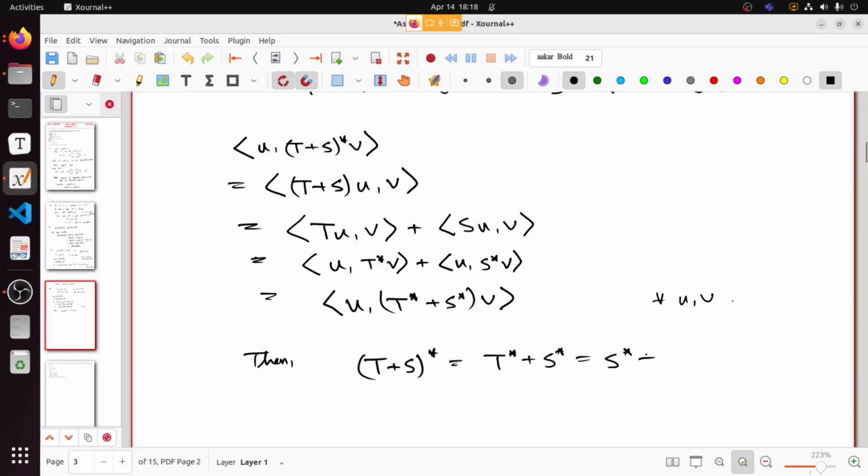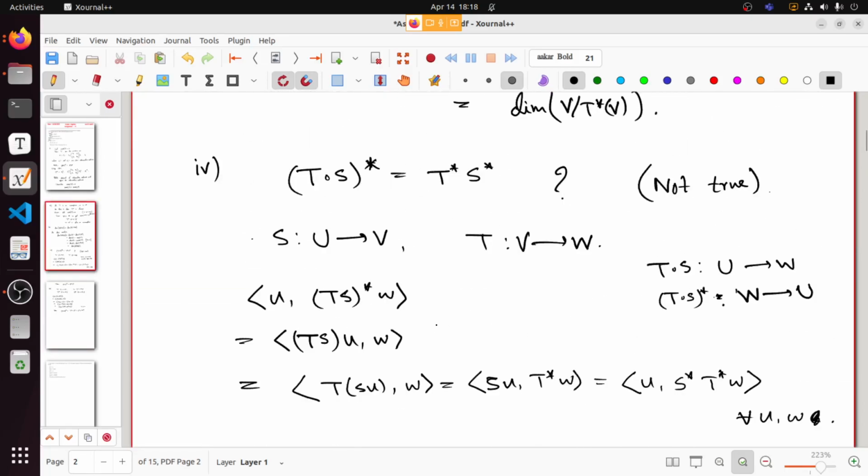So this is the same as S star plus T star. Therefore option number 5 is correct.